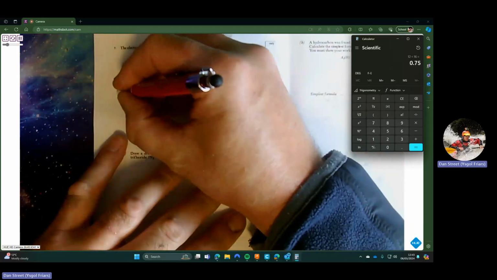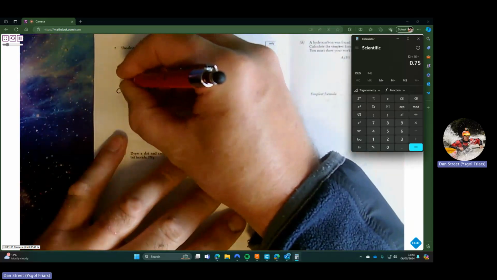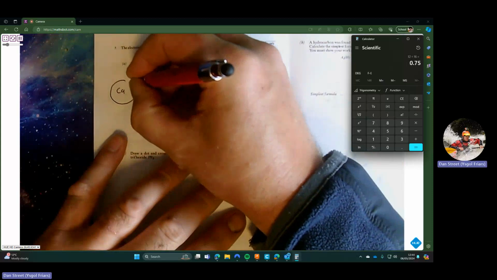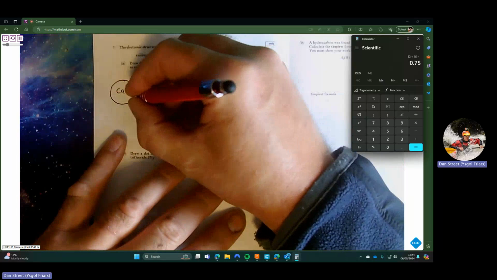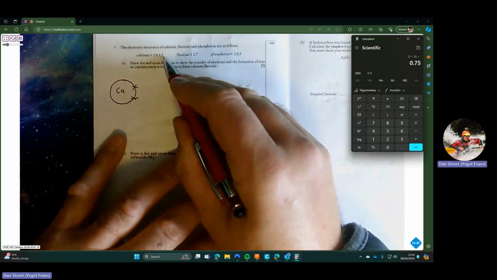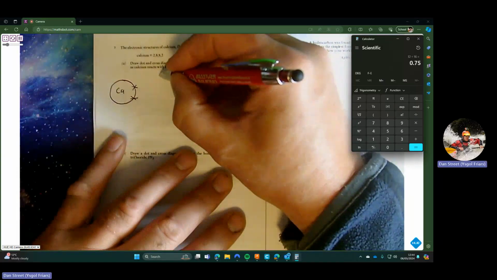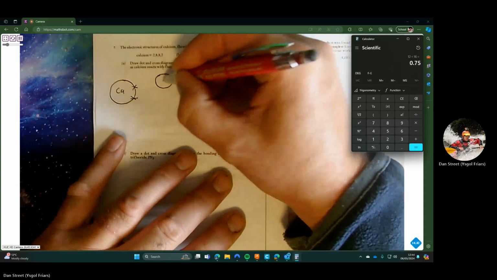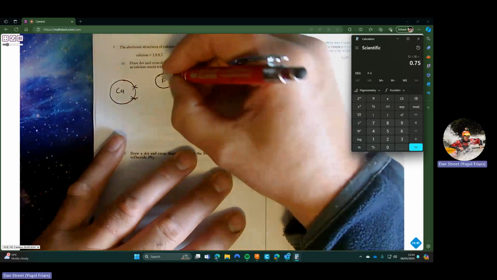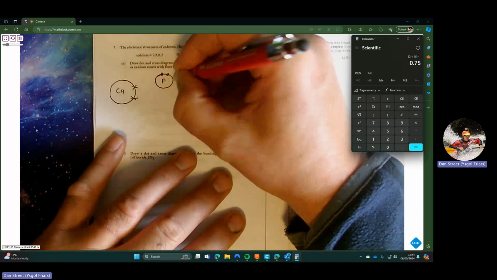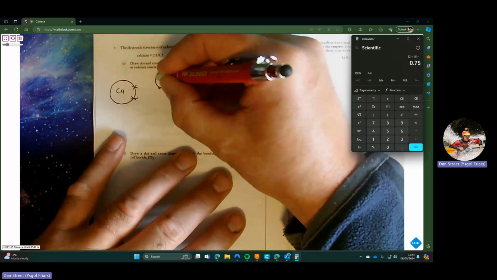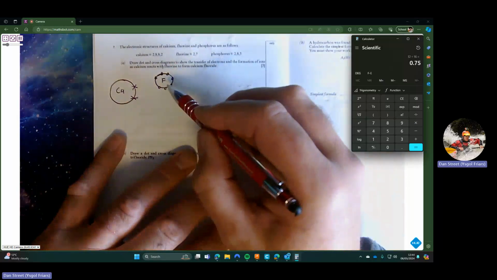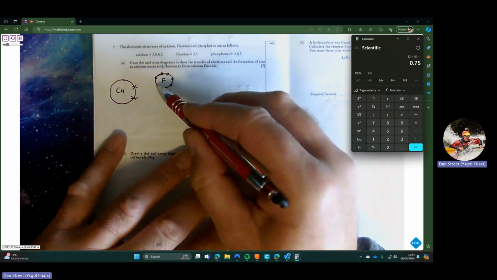So as before, we don't need to draw all the shells. Okay, we can get away with drawing calcium with 2 electrons to represent the 2 electrons in the outer shell, and then fluorine has got a configuration of 2,7. So if we draw 1, 2, 3, 4, 5, 6, 7, we can see that fluorine actually only needs 1 electron to get a full outer shell.